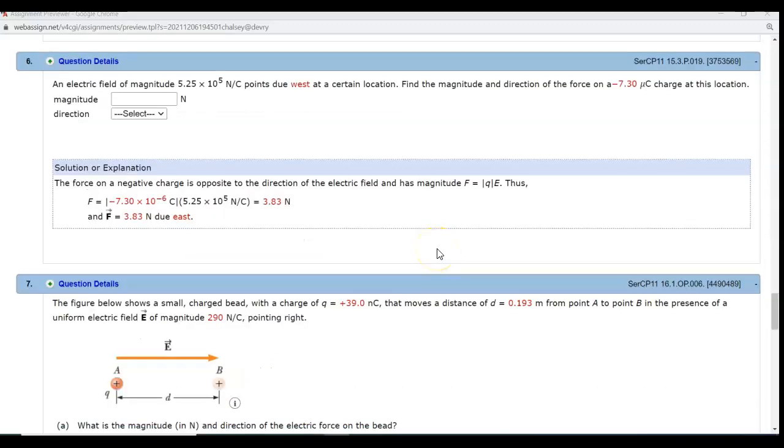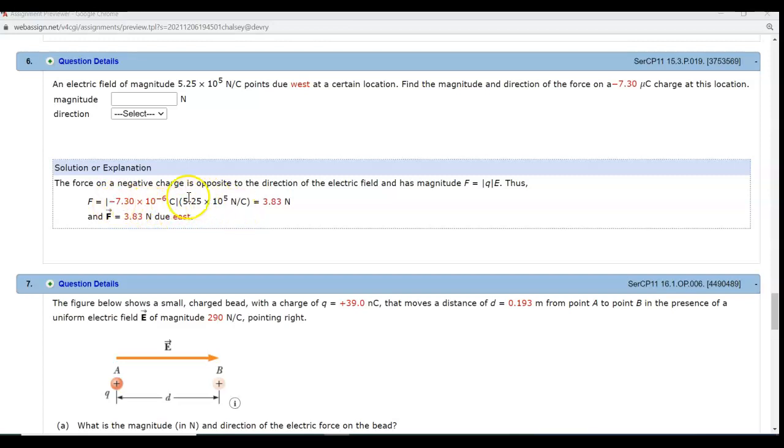Okay, here we're looking at an electric field of magnitude 5.25 times 10 to the 5th newtons per Coulomb, points due west at a certain location. Find the magnitude and direction of the force on a negative 7.3 microcoulomb charge at this point.